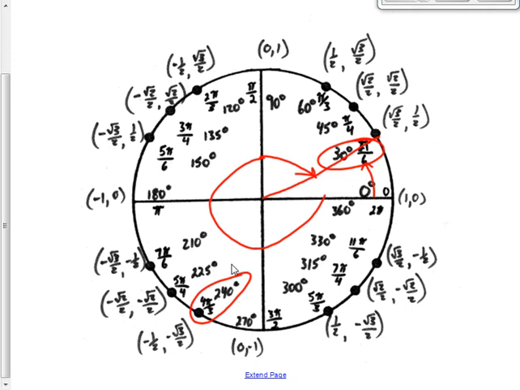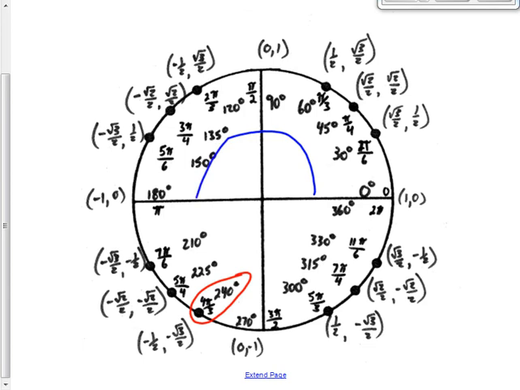in the third quadrant. But ultimately, when I look at this again, if I am looking at this in terms of maybe counting pi's over 3, I've gone 1 pi over 3, and then 2 pi's over 3, and then 3 pi's over 3, and 4 pi's over 3, and 5 pi's over 3, and 6 pi's over 3.